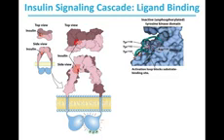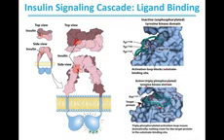So it's in an inactive conformation. As a result of phosphorylation of these tyrosine residues, as you can see, there is a conformational change which moves the activation loop away from the substrate binding site. So phosphorylation activates by moving the activation loop away from the substrate binding site.